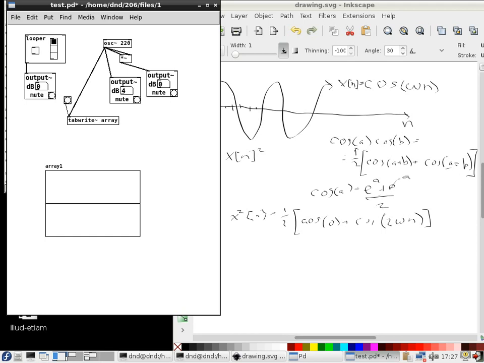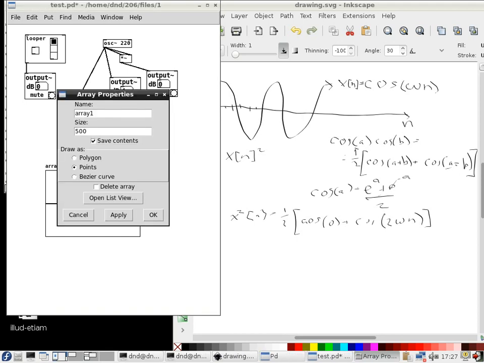Array 1. Oh, thank you. I really shouldn't name it array 1, by the way, because someone else is going to be using that name. So let's give this a descriptive name, like signal. How about trace? Scope. This is my oscilloscope, except I'm going to use one because I have two of them.